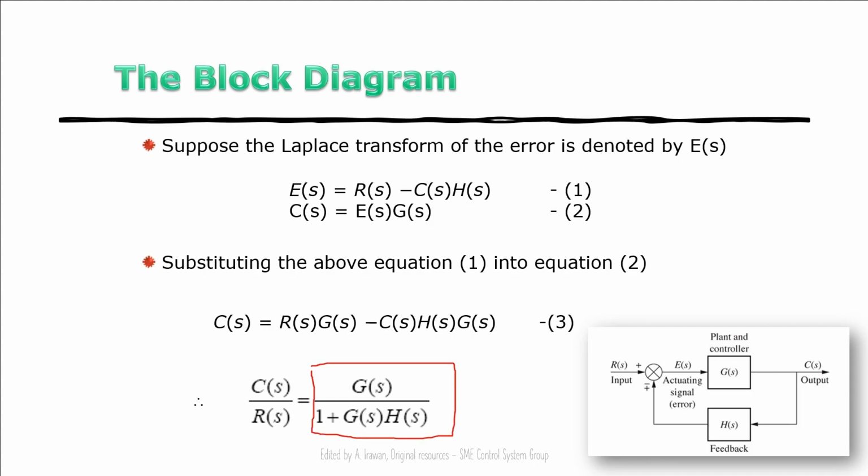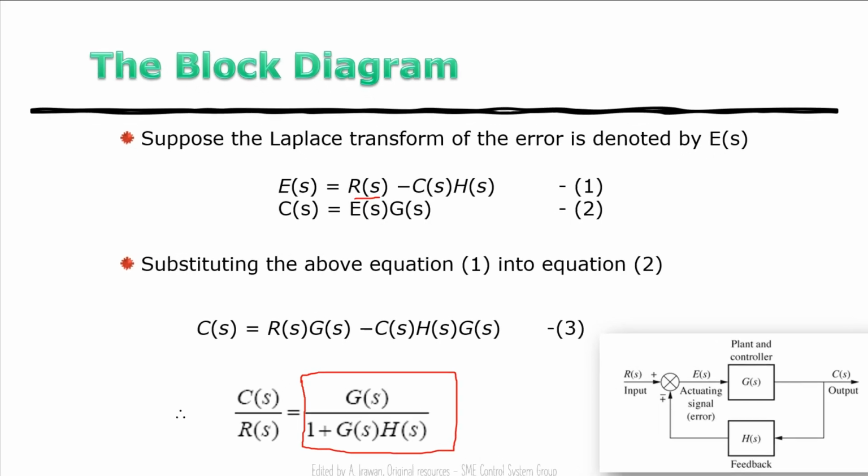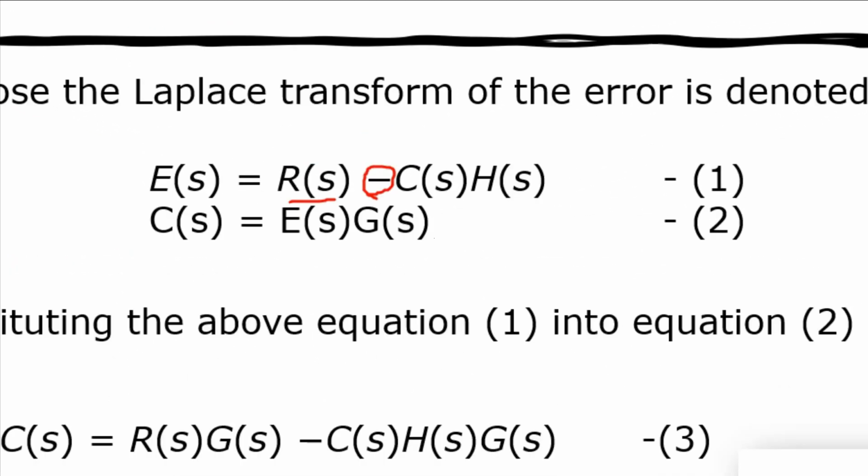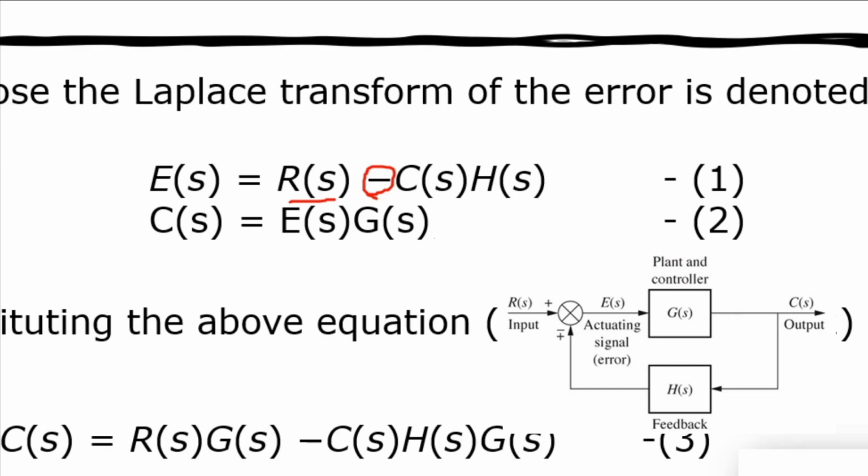I can describe it here. E(s) is the summation of R(s) and C(s)H(s). Why is the minus here? Because here we are doing the feedback. When it comes to feedback, it also depends on the operation, but normally here it is negative for closed loop control.